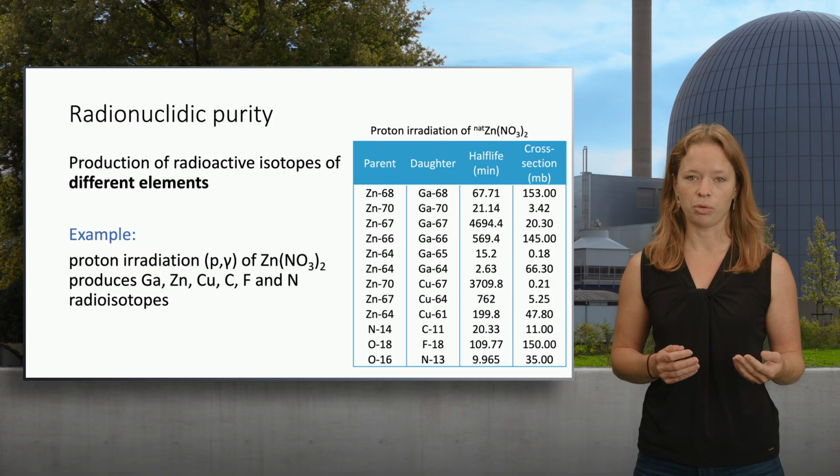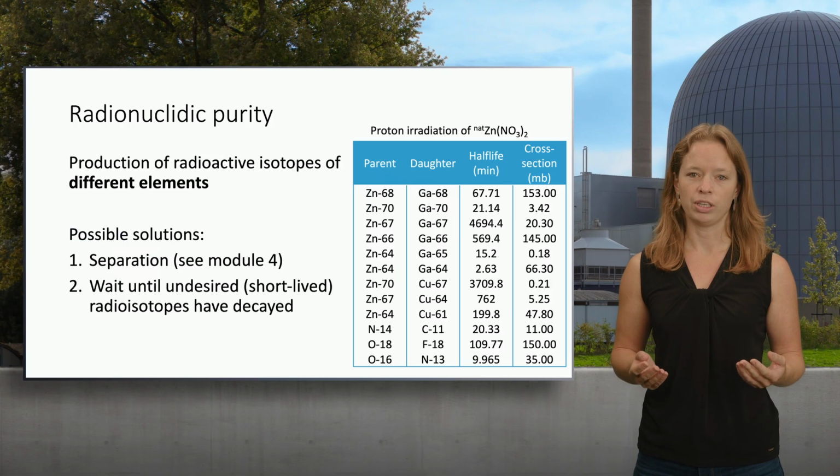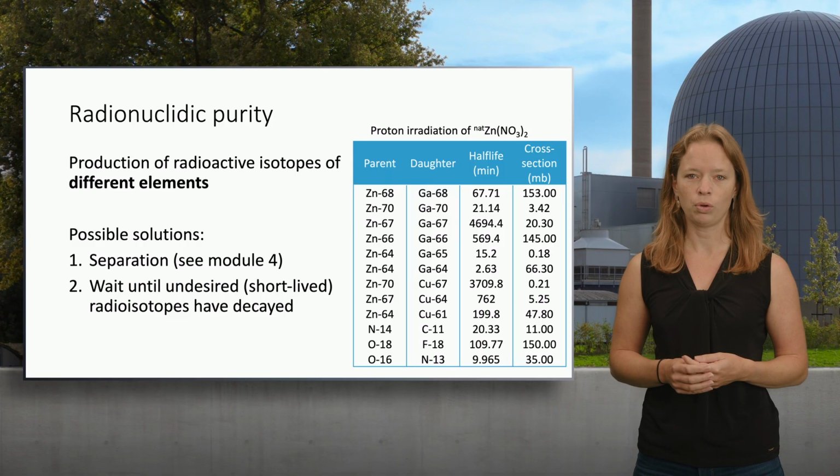And next to the gallium of interest, we also produce radioactive zinc, copper, carbon, fluor, and nitrogen. Since these radioactive isotopes are different elements, we can get rid of the impurities through chemical separation, which we will discuss in Module 4, or in the case of short-lived radionuclides, by simply waiting until they have decayed.